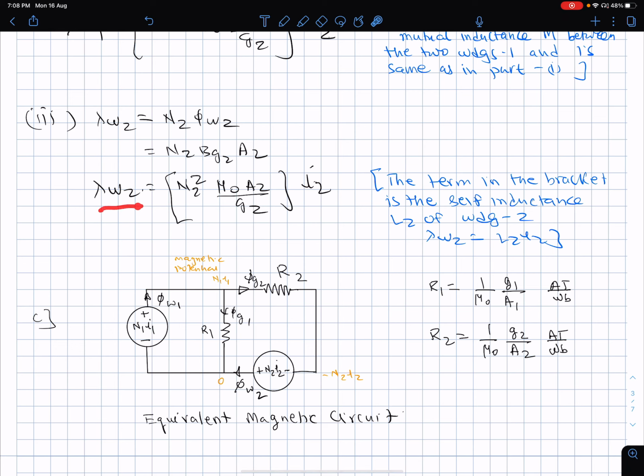The ratio of the flux linking winding 2 due to current in winding 2 is going to be the self-inductance of winding 2, which is not asked in this particular question, but we are discussing it. So you will get it as N2 square mu 0 A2 by G2. This turns out to be the self-inductance, which is proportional to N2 square.